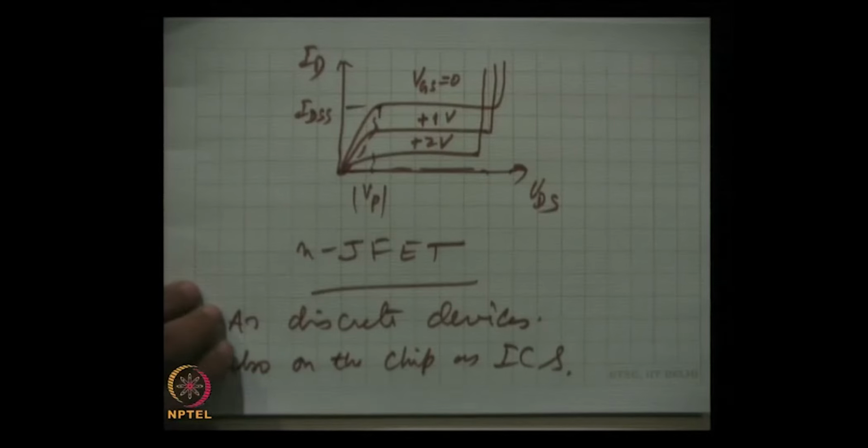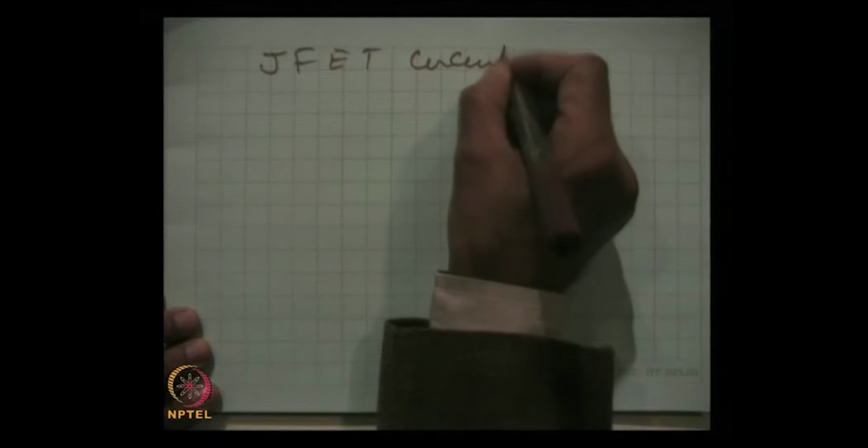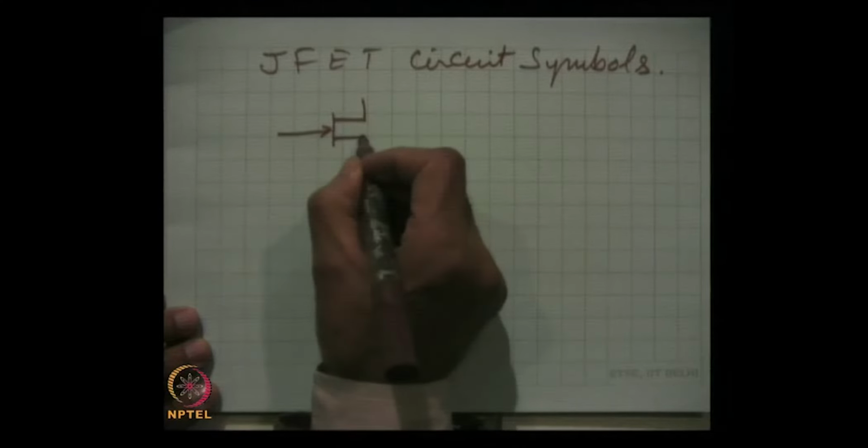Now about the circuit symbols. The circuit symbols for JFETs. This arrow gives a distinction.